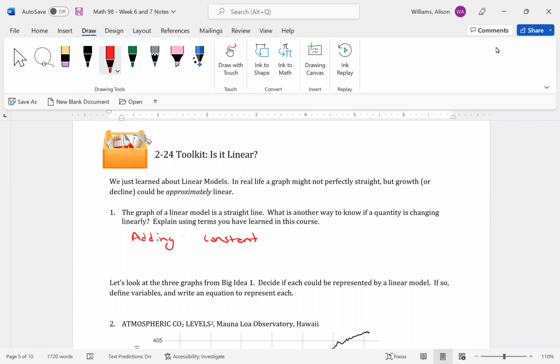That's how you know something is linear. It's consistently adding a constant every time, and that's how it's growing, or it's growing by a constant rate, which is added.